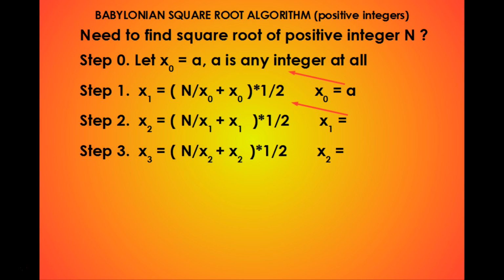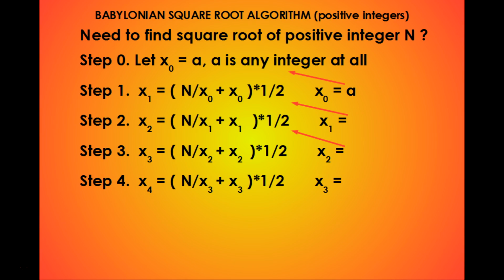Step 3. Exactly the same thing again, except you replace x1 by x2. So x3 is n divided by x2 plus x2, and everything multiplied by a half, and x2 is the value you got in the last step. Step 4, I think you're beginning to see the pattern now.